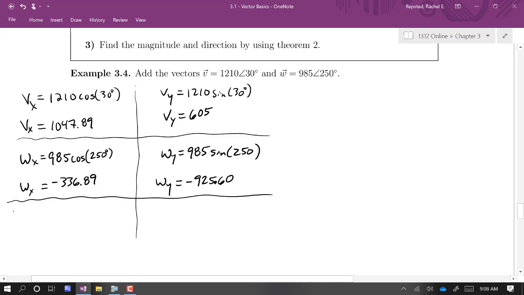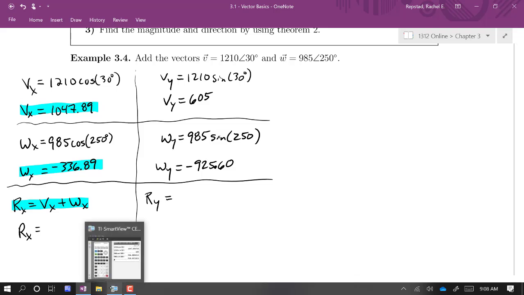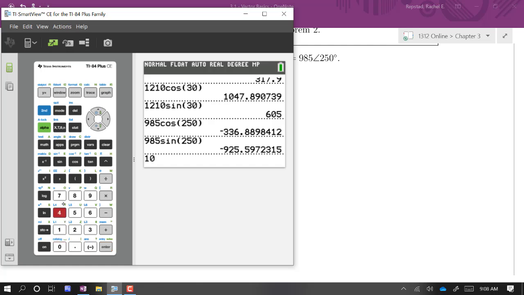And now we're going to find Rx and Ry, the x and y components for the resultant vector. Now we get the x component by adding the two x components together. So 1047.89 minus 336.89 is 711.